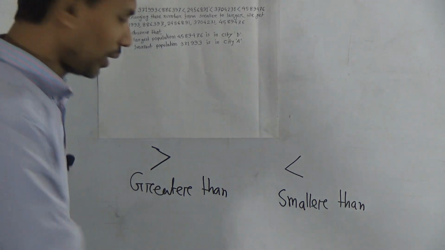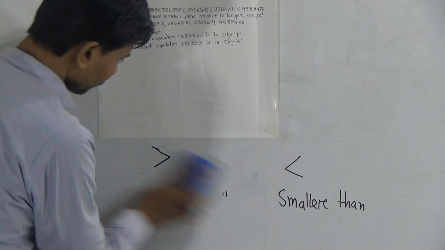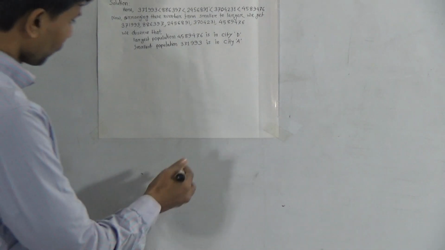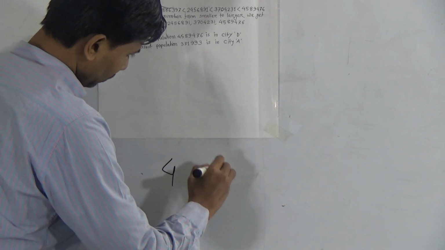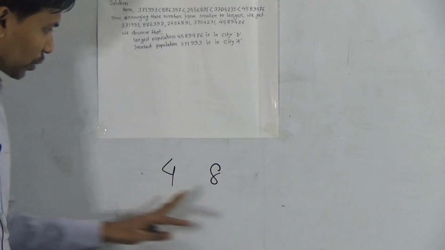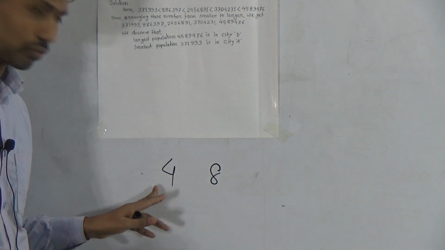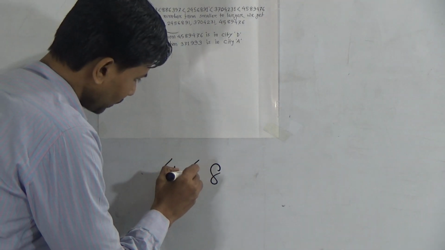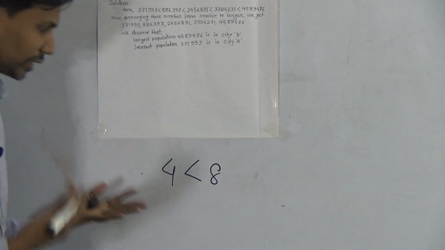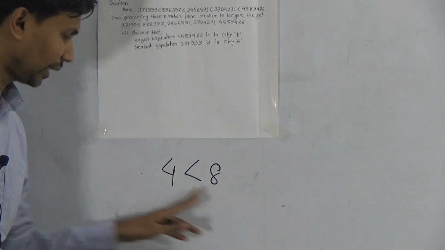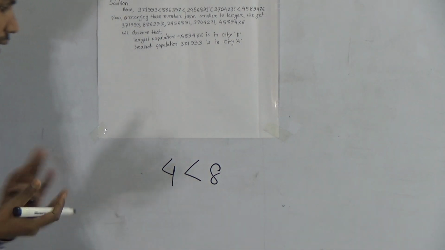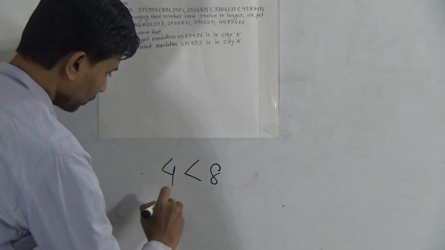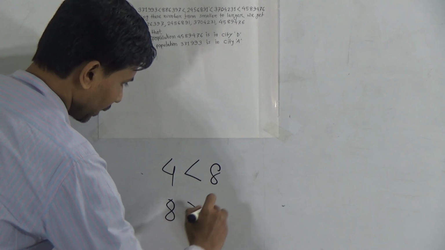Now suppose between these two numbers, 8 is greater than 4. So you have to write it this way. This means 8 is greater than 4. Similarly, you can write this in the converse way.